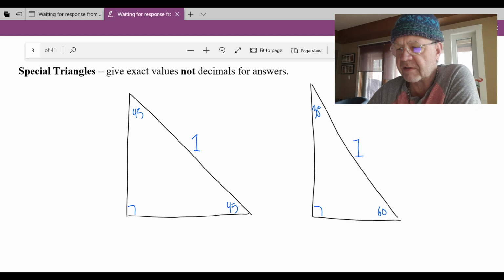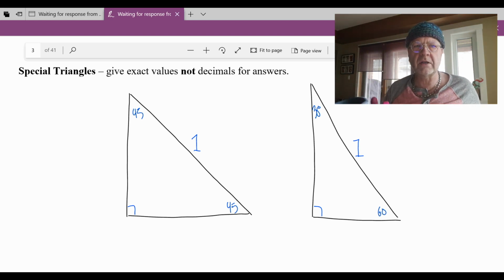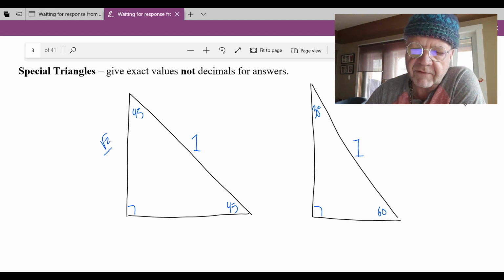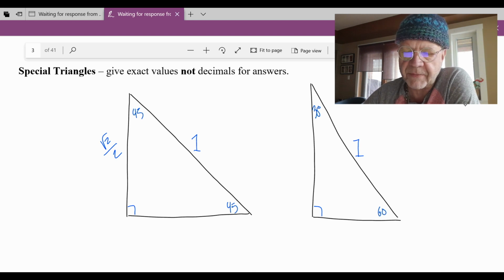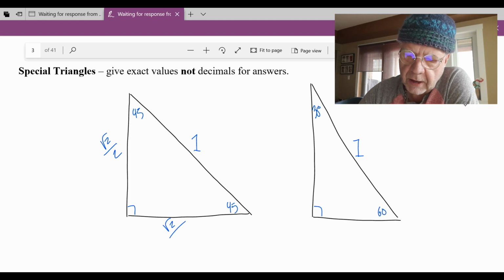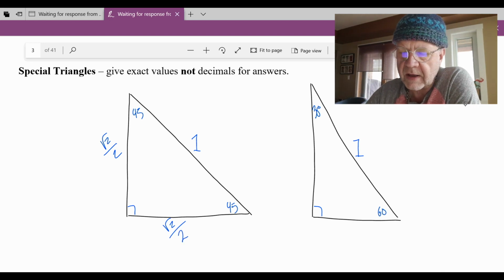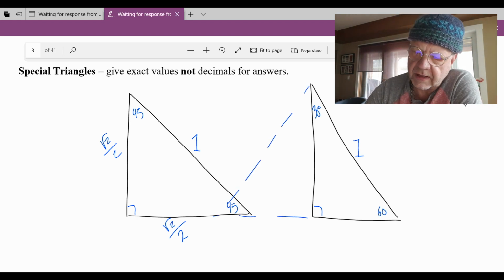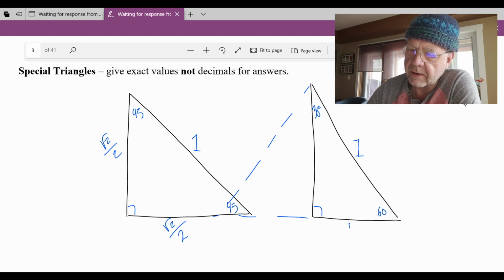And that's really helpful because if you have that standard 1 unit hypotenuse, then you can very easily, using Pythagoras, derive the length of that side as being root 2 over 2. And because it's a 45, 45, 90, the sides are equal. So root 2 over 2 and root 2 over 2 are the lengths of those two sides. Similarly, because this triangle here is really a continuation of that, then this side length here will be 1/2.